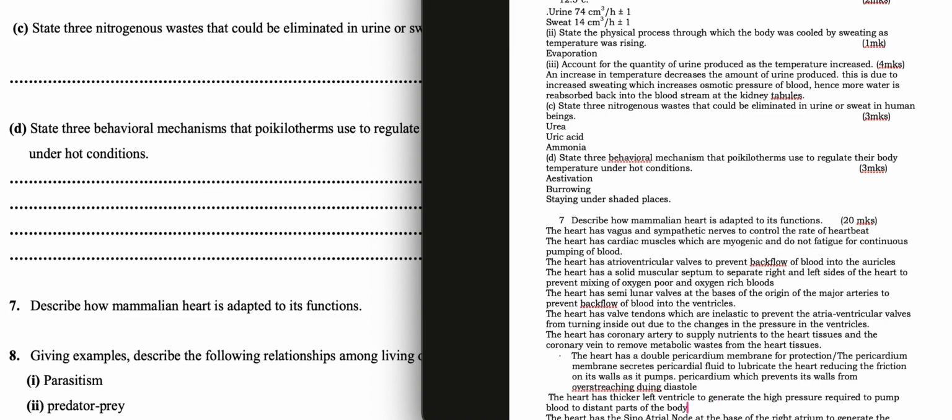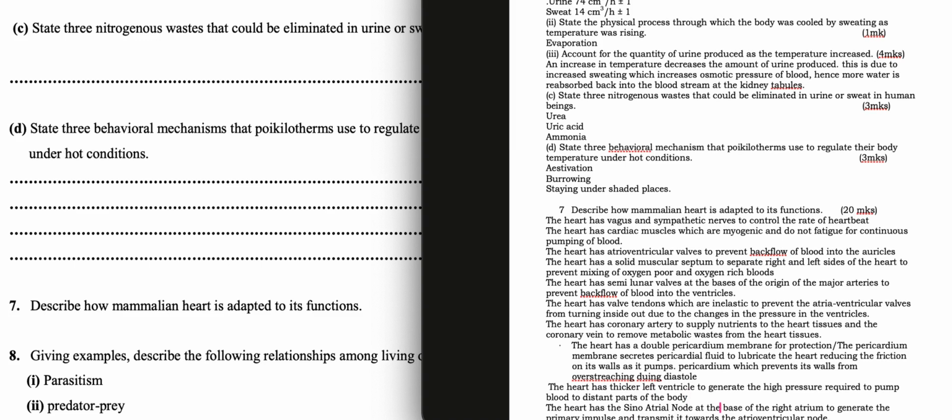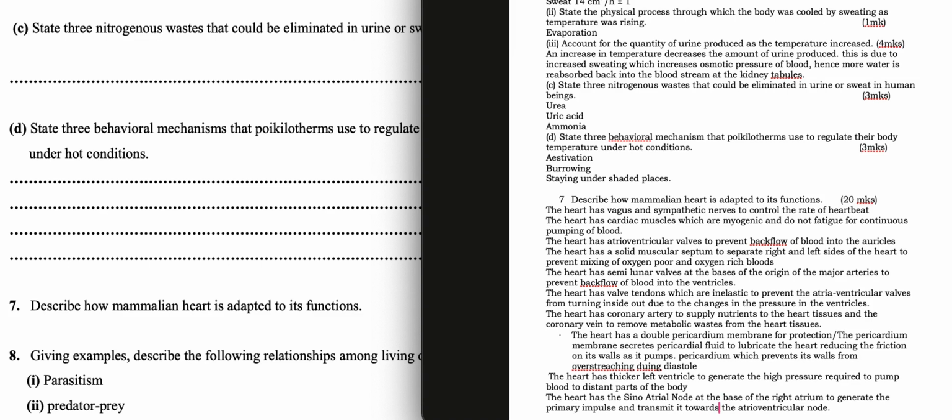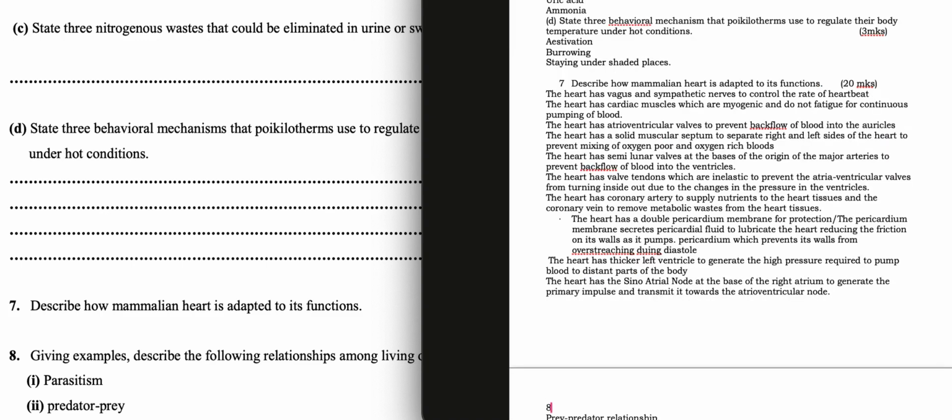The heart has a thicker left ventricle to generate the high pressure required to pump blood to distant parts of the body. The heart has a sinoatrial node at the base of the right atrium to generate the primary impulse and transmit it towards the atrioventricular node.